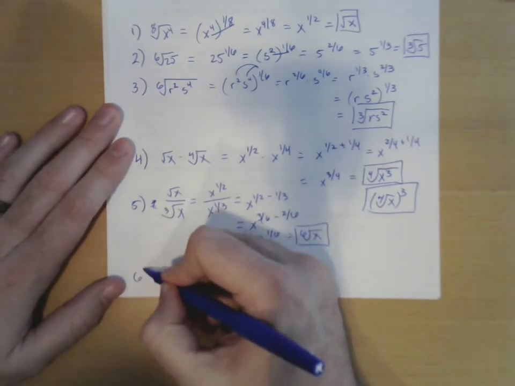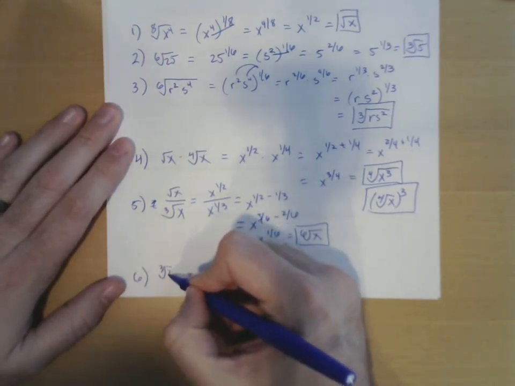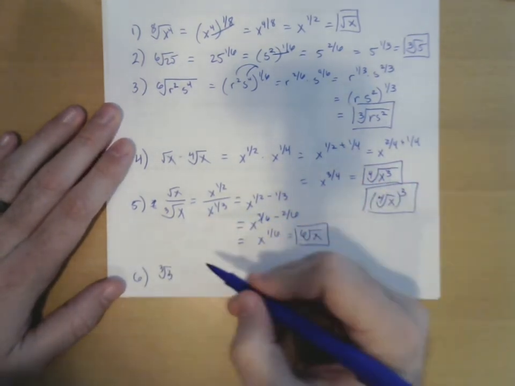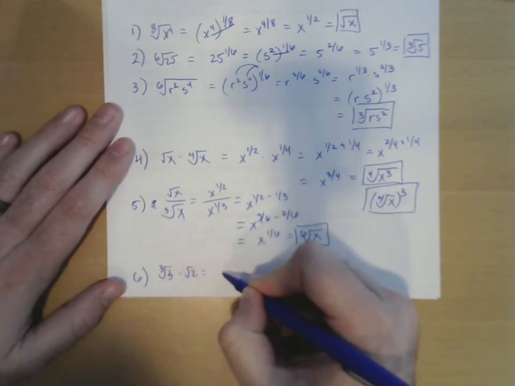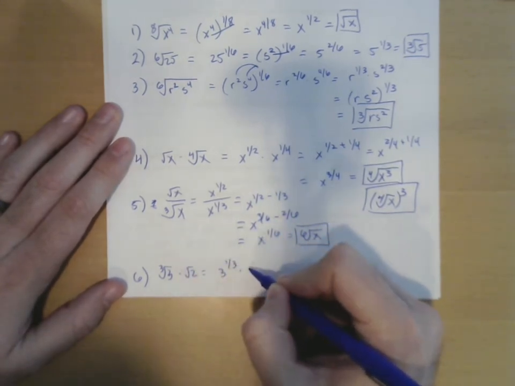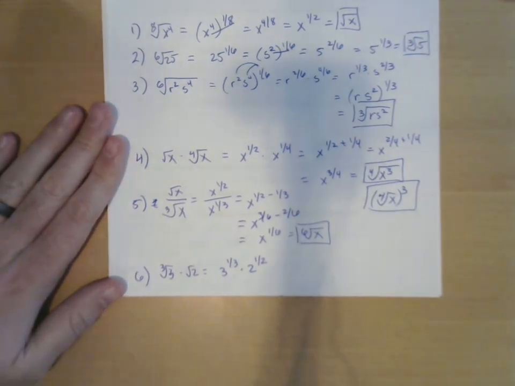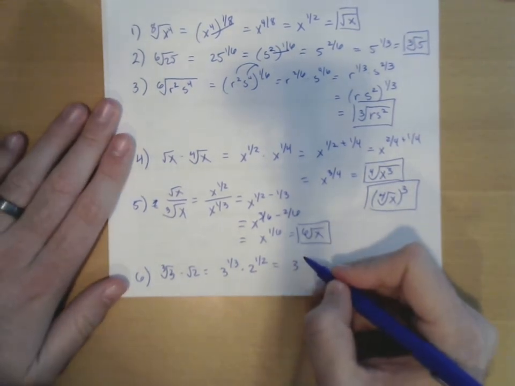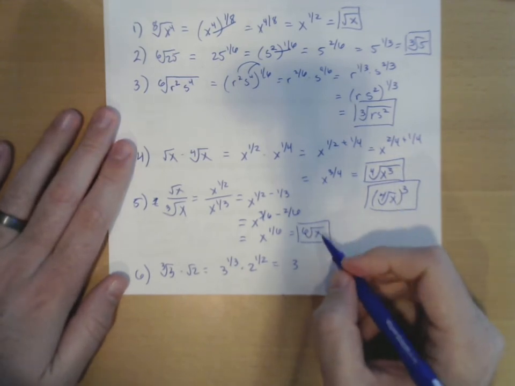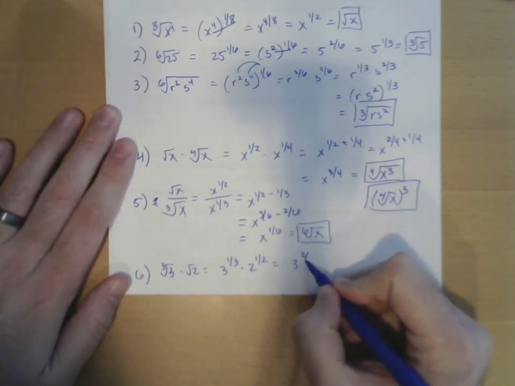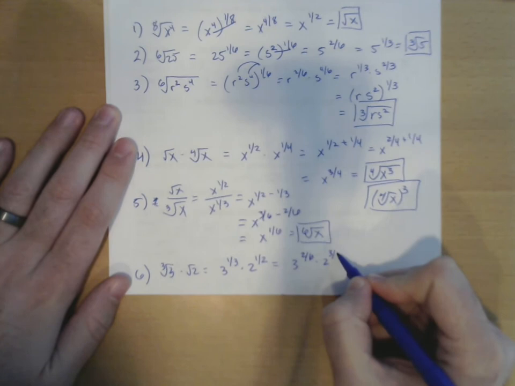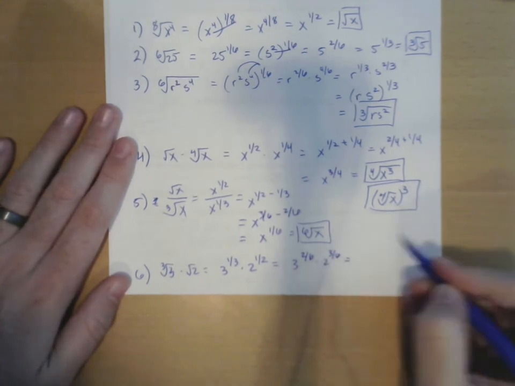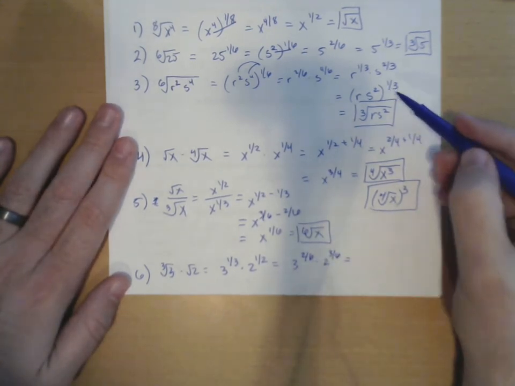And then finally, number 6 here, the cube root of 3 times the square root of 2. This is 3 to the 1/3 times 2 to the 1/2. And so what we do is we get common denominators, 3 to the 2/6 times 2 to the 3/6. And then we can factor out the 1/6 much like we did up here.